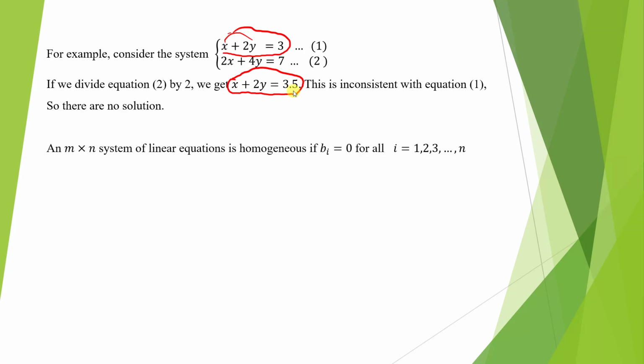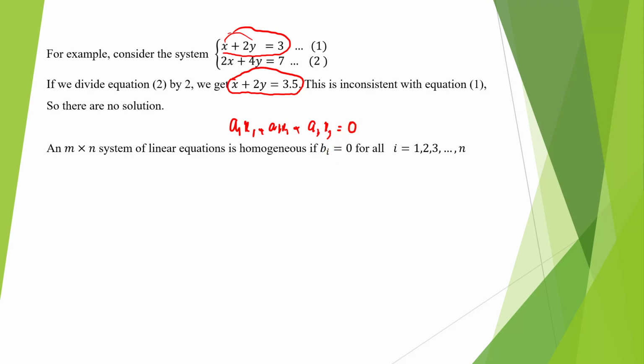An m cross n system of linear equations is homogeneous if bi equals 0. It means that if homogeneous, I can write a1x1 plus a2x2 plus a3x3, with just 3 variables or 3 unknowns, equal to 0.